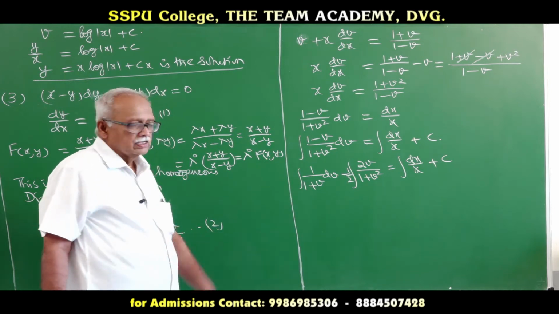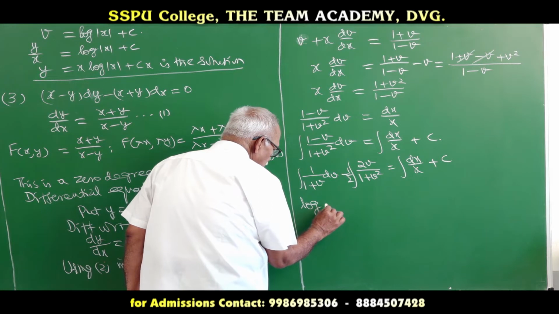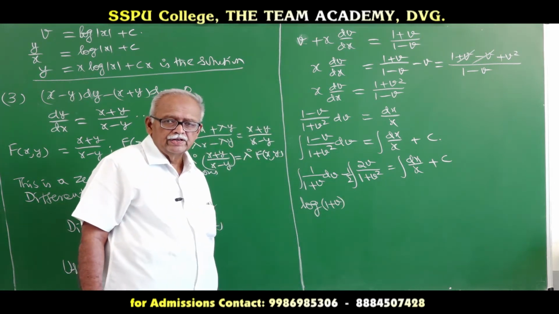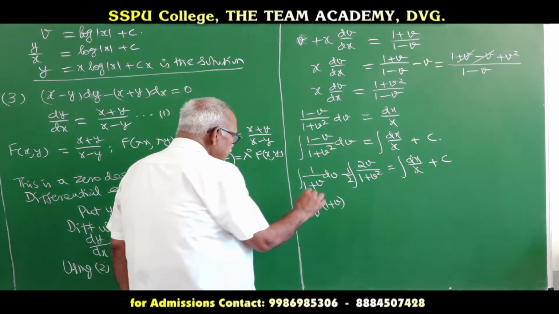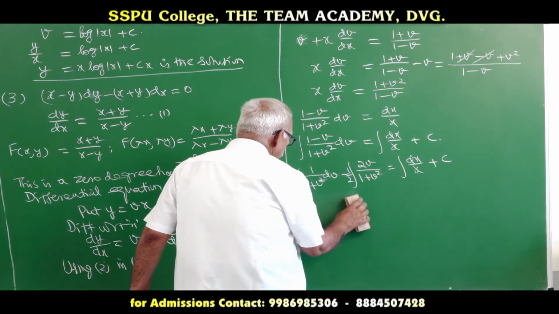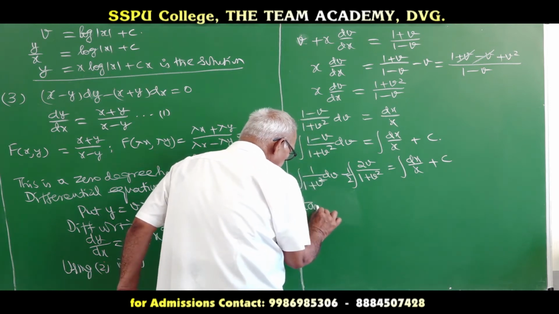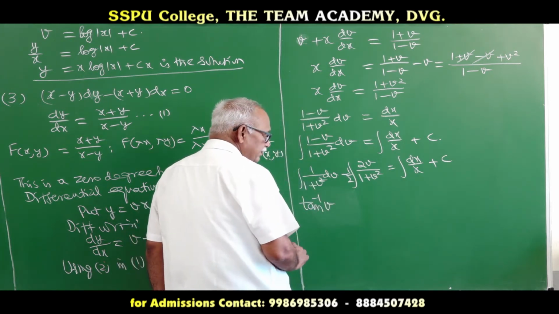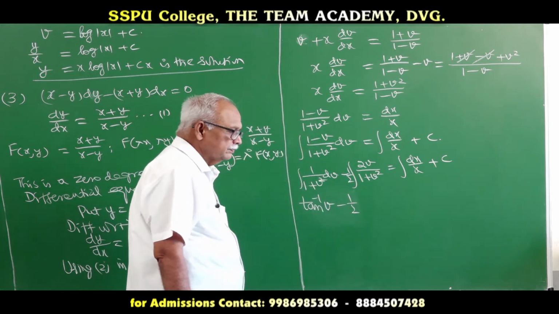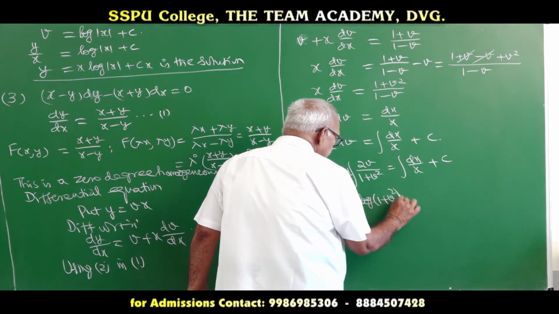So all the integration is in terms of log. 1 by 1 plus v square, what is that? It is tan inverse of v, and this is minus 1 by 2 into log of 1 plus v square.